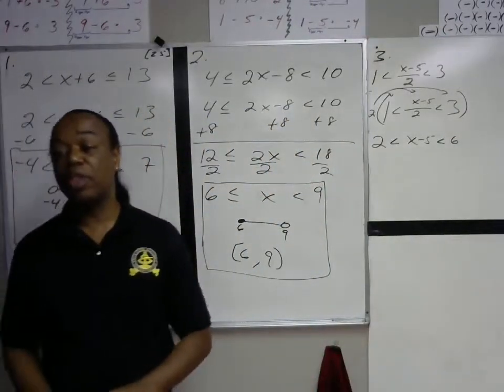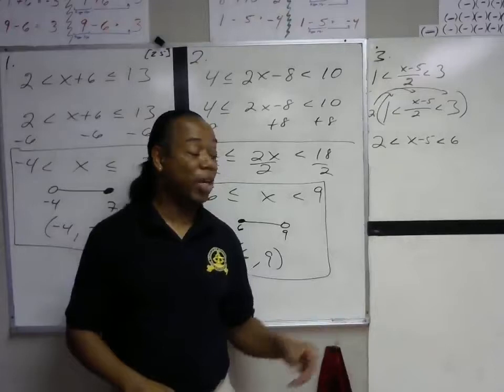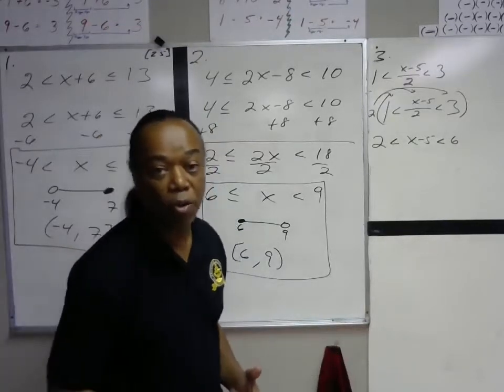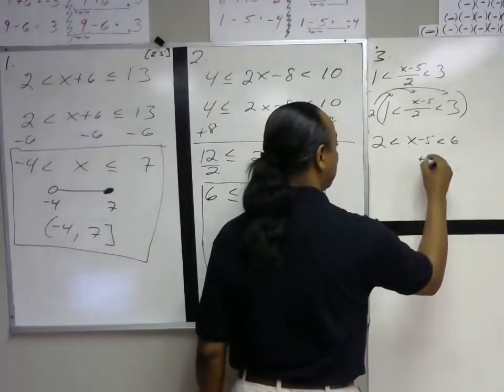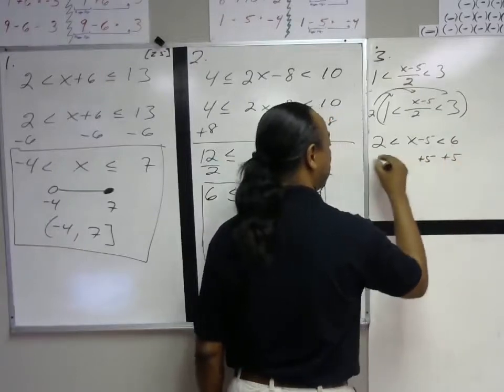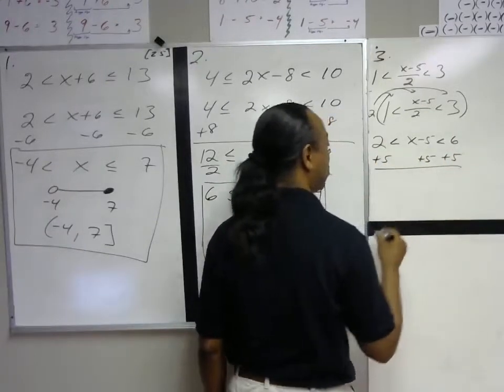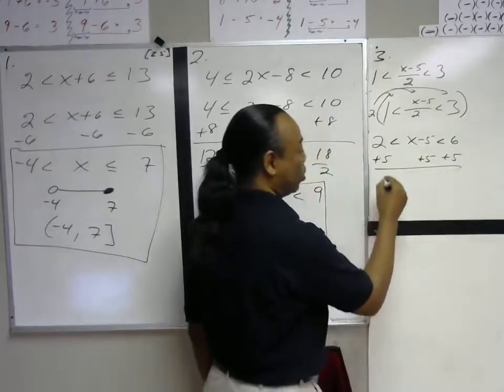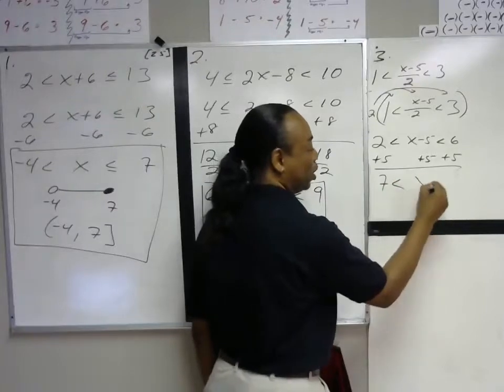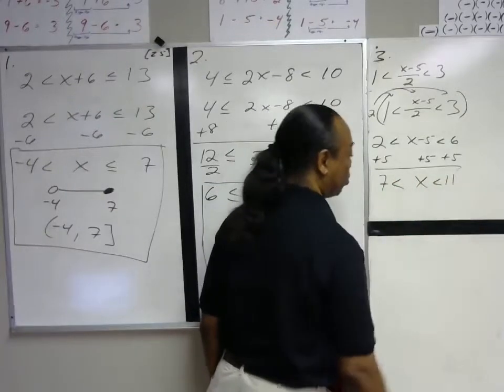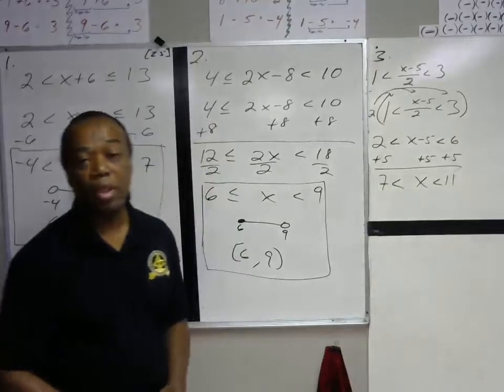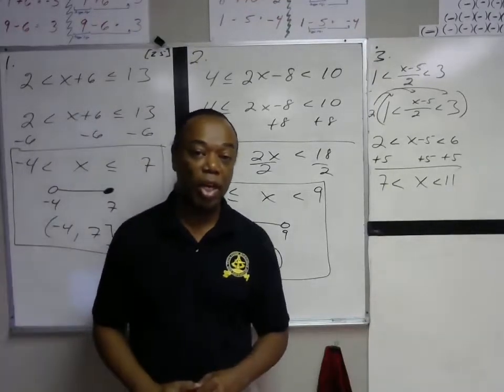From here, we're going to get rid of the negative 5 by adding 5 to all three sides, and we end up with 7 less than x less than 11. That's the set notation answer.